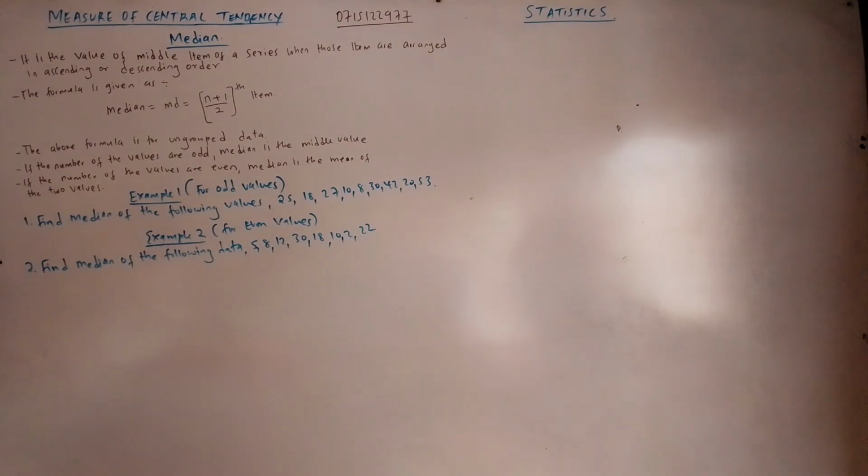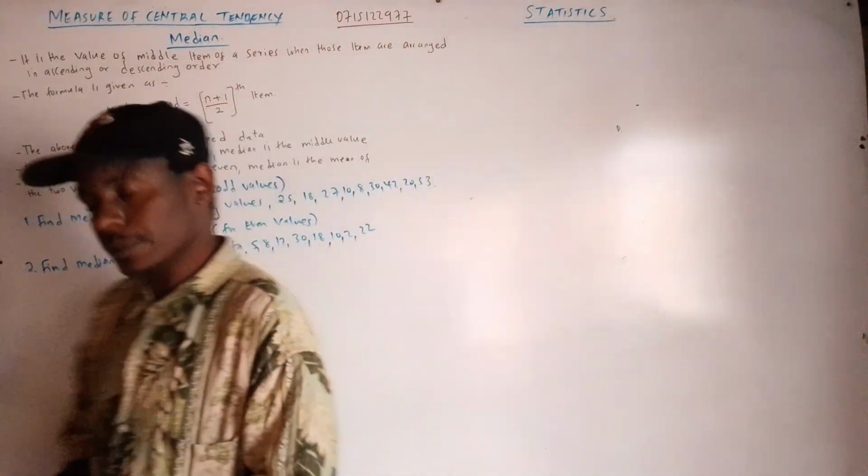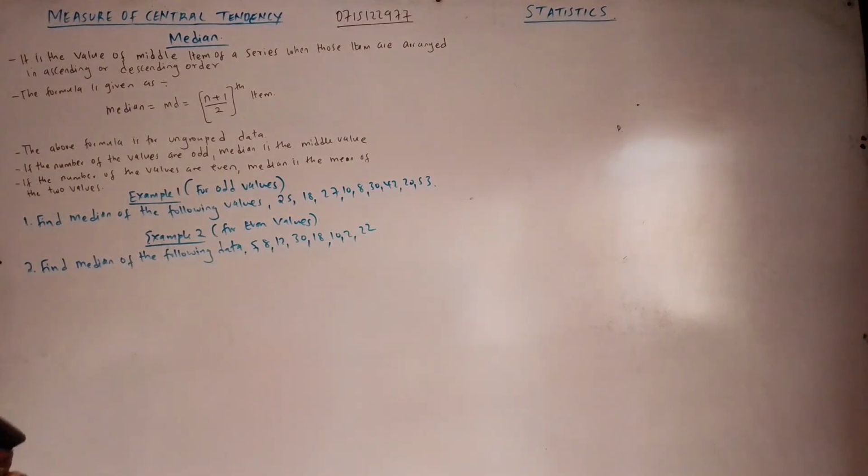Median refers to the value of the middle item of a series when those items are arranged either in ascending or in descending order. So that is one scenario you need to know. You need to arrange the numbers into either ascending or descending order.